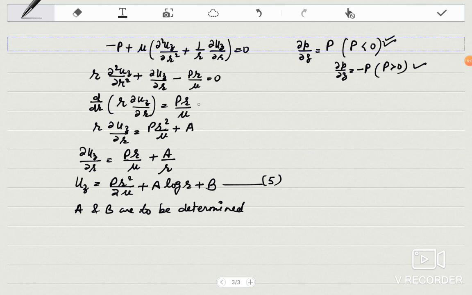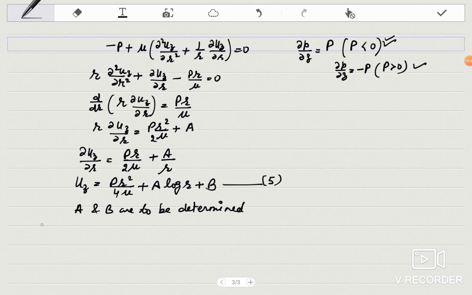This is r du/dr, p r square by 2. I think there is some mistake. p r by 2 integrating, this is p r square by 2 mu plus A, and then u will be, two is left, so it will be 4. Now it is okay.